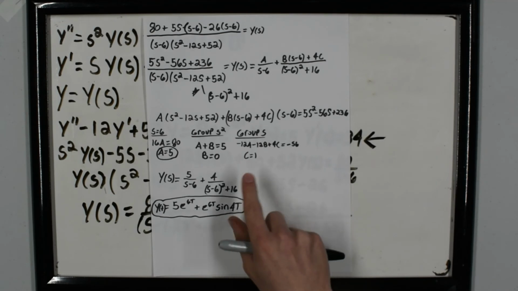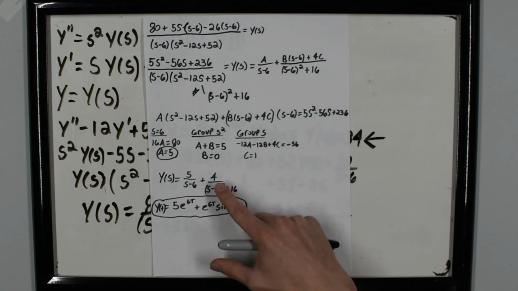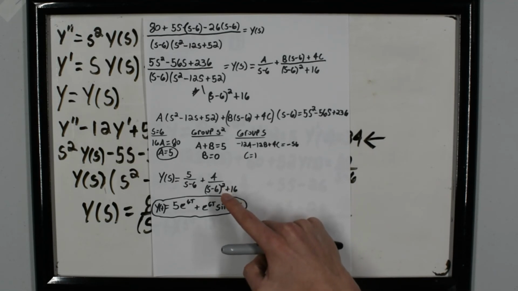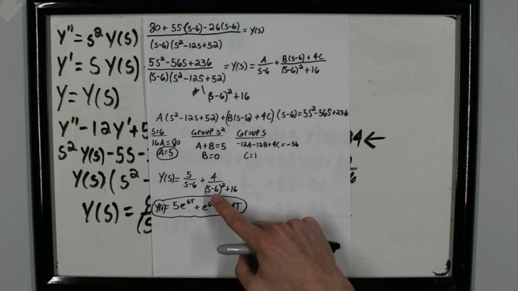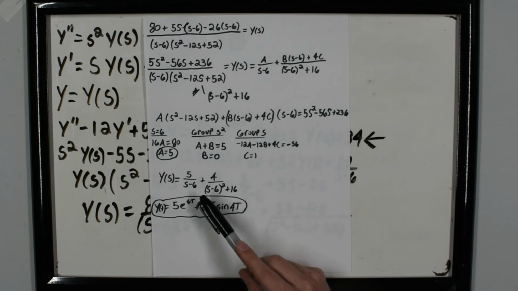So, finally, we have Y of s is equal to 5 over s minus 6 plus 4 over (s minus 6) squared plus 16. To find the solution, we have to take the inverse Laplace transform of this, so we can put it in a variable of t. Doing that, this isn't too tough.